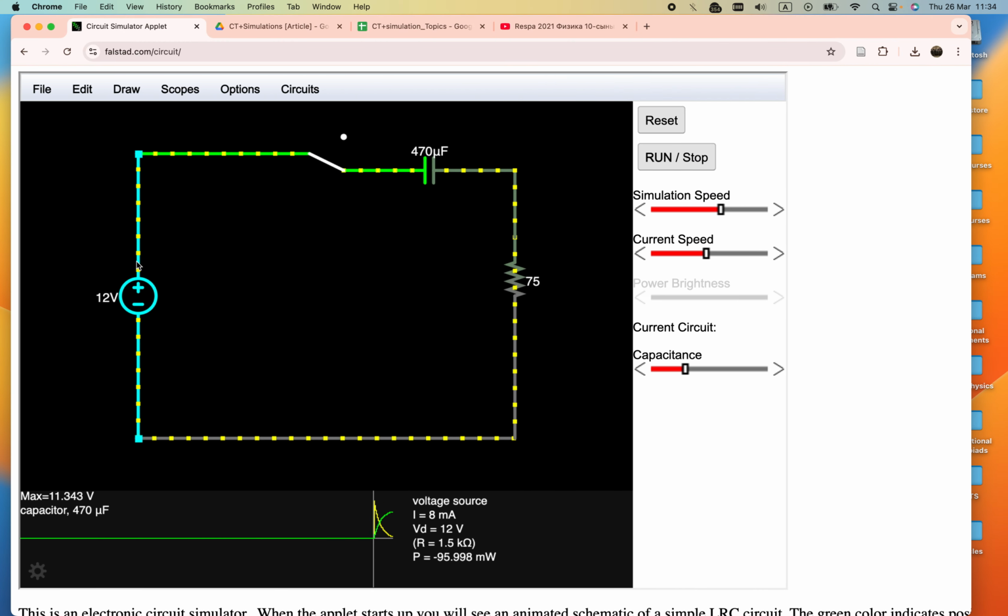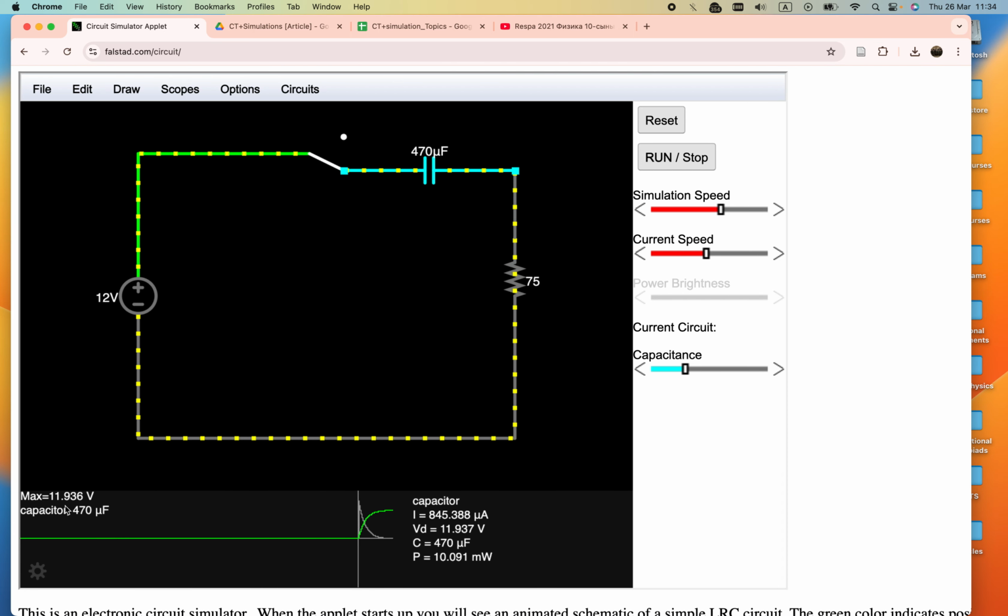You see, the potential difference across this capacitor will be the same as the battery's voltage after a long time. You see, after a long time it will be the same, here you can see.